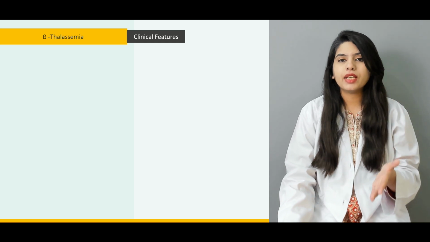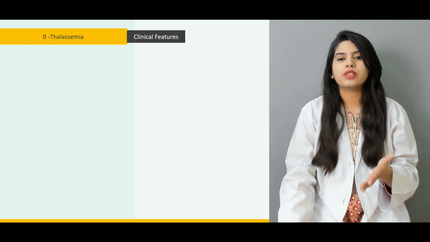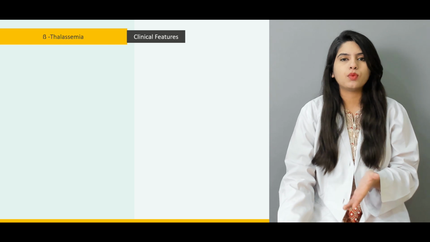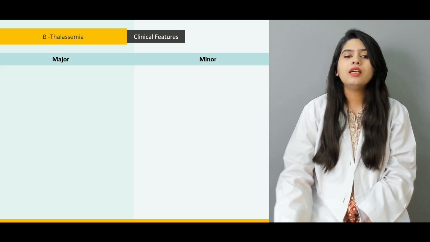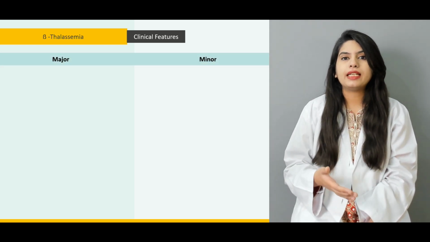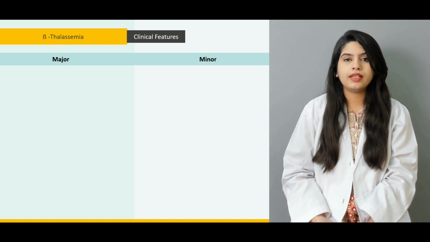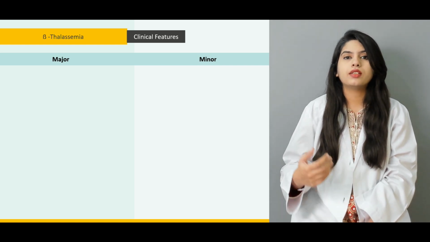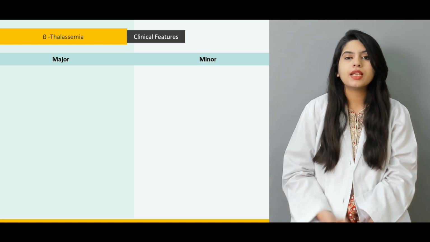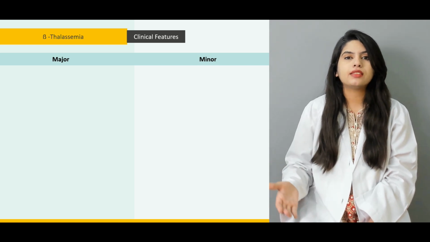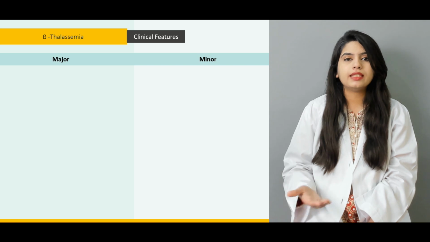Thalassemia can be classified further into two types, the major and the minor one. Thalassemia major is the form that is more severe and causes more intense symptoms as compared to the minor, which is a mild form of thalassemia.